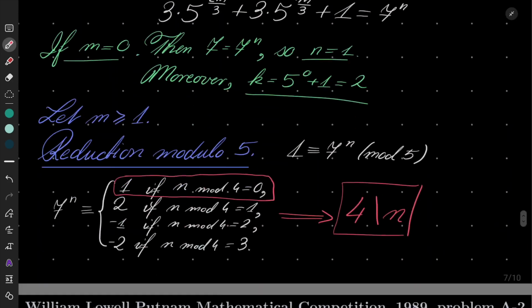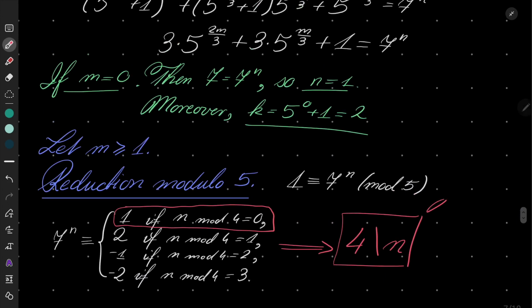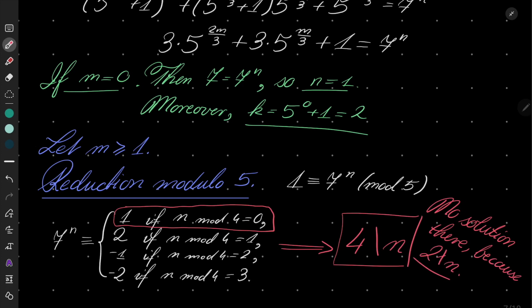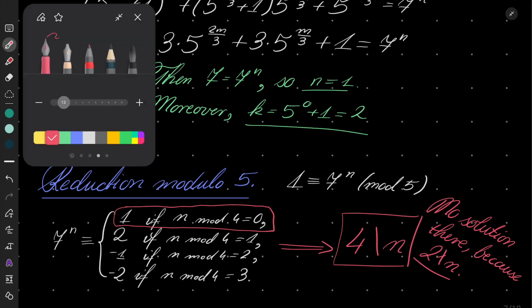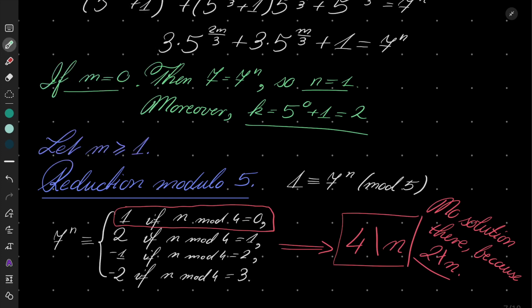So, no solutions, because 4 doesn't divide n. So it's a type of contradiction. So we have only one triple of solutions. Namely, the only triple of solutions.